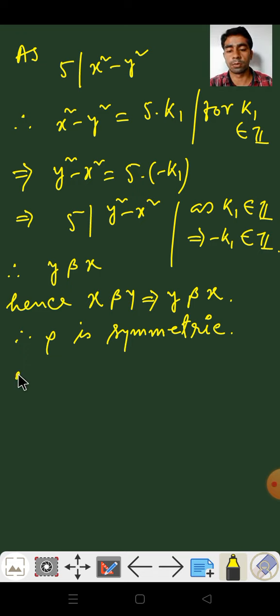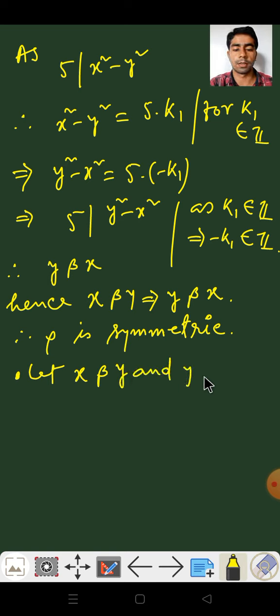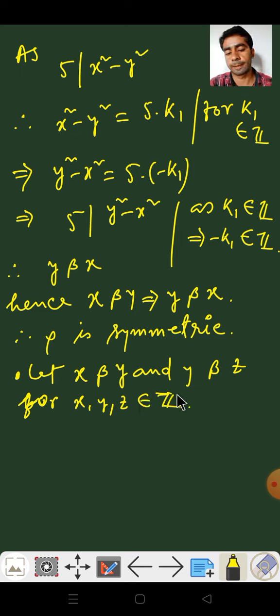To show beta is transitive, let x is related to y and y is related to z, for x, y, z belongs to Z, that is the set of all integers.